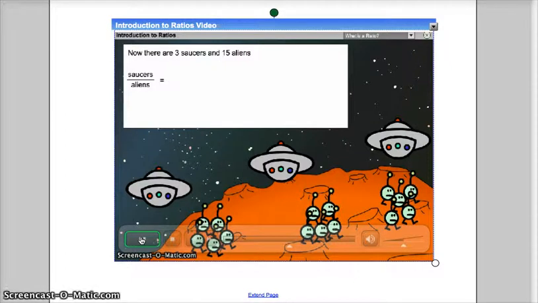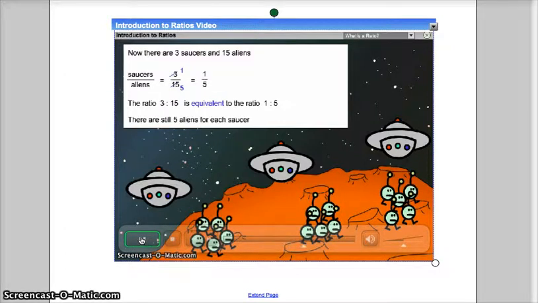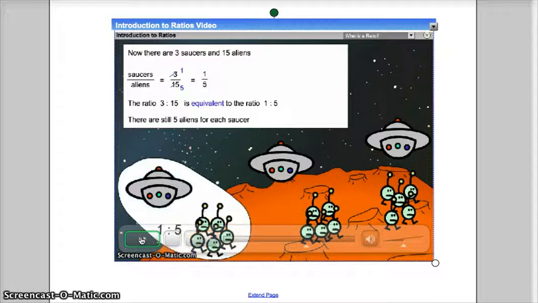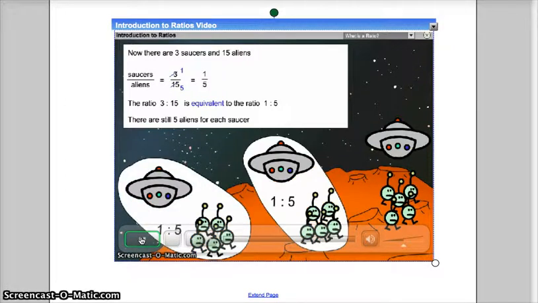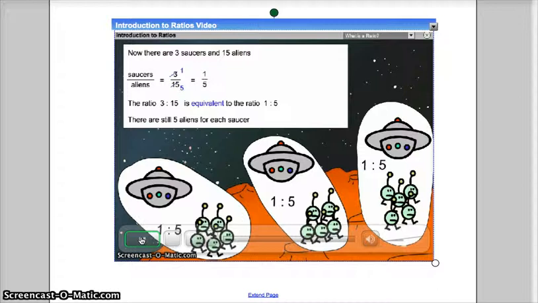Saucers over aliens equals 3 over 15. Cancelling 3, we get 1 over 5. We say that the ratio 3 to 15 is equivalent to the ratio 1 to 5. So, there are still 5 aliens for each saucer. 5 for this one, 5 for this one, and 5 for the last one as well.